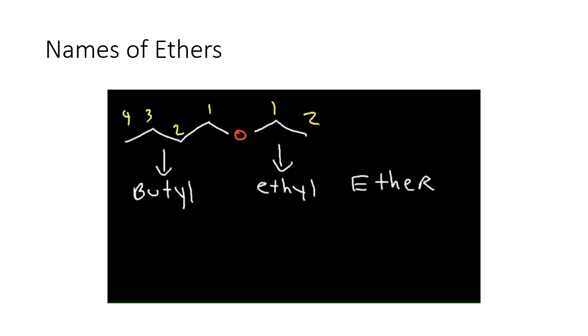But what about the IUPAC name? So let's redraw it. So here's the longest chain. It's 4 carbons. And the substituent is this portion of the molecule.